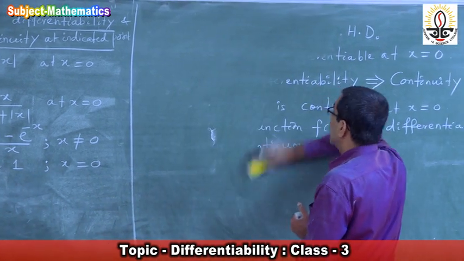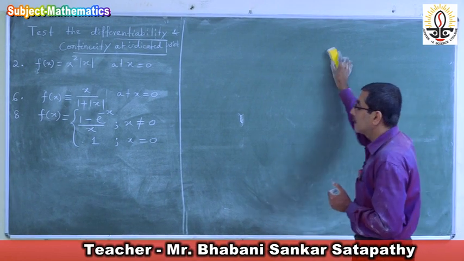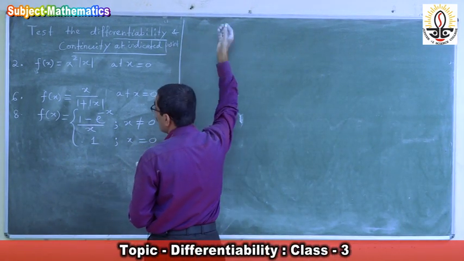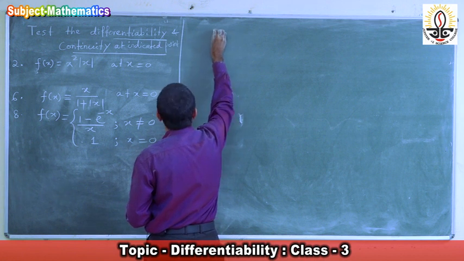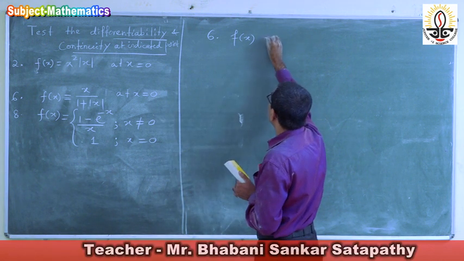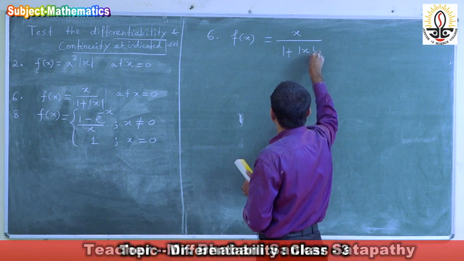Let us find this value, whether this function is differentiable or continuous or not. So question number 6, f of x is given to be x divided by 1 plus mod x.